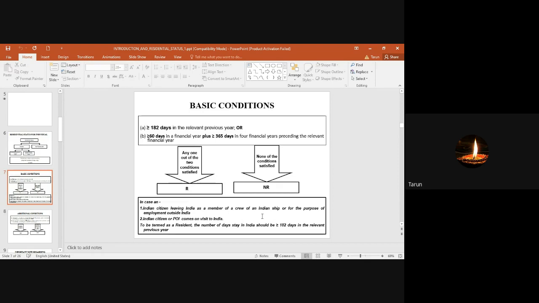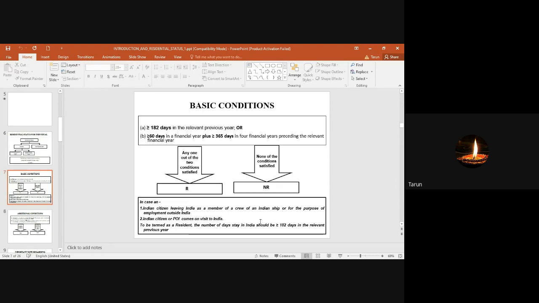Second is an Indian citizen or a person of Indian origin who comes on a visit to India. You are an Indian citizen and you visit India occasionally or for some specific purpose. Then also you will be tagged with the status that he or she is a resident of India, right?